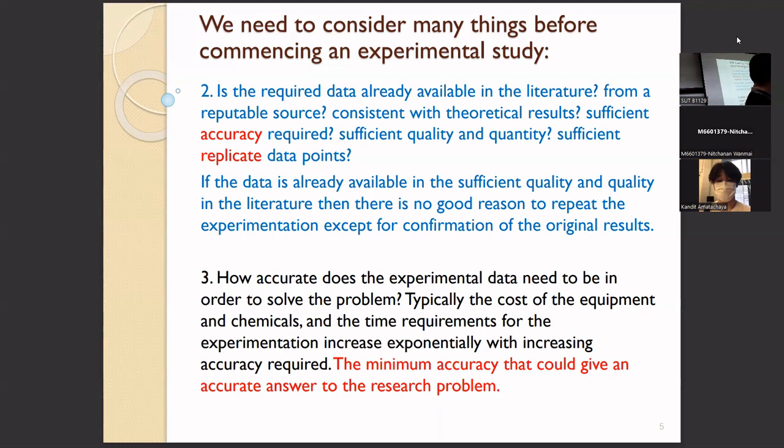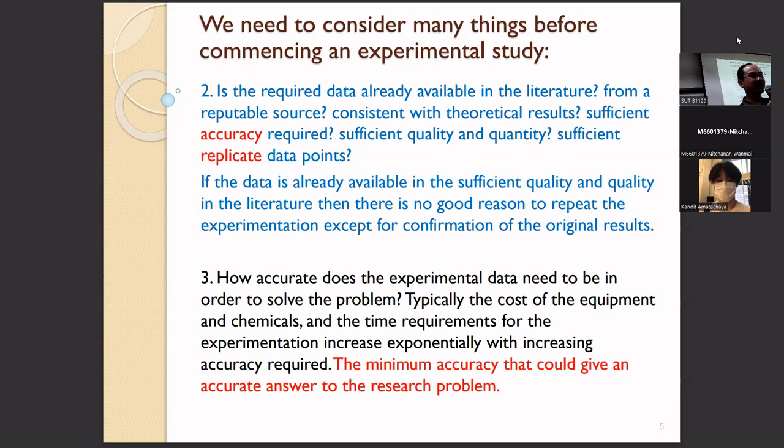When you do the experiment and you get the result, the accuracy of the result depends on your sensor, your equipment. You have to check that your sensor is accurate and your data is accurate. Is it correct or not? How do you check if it is correct?